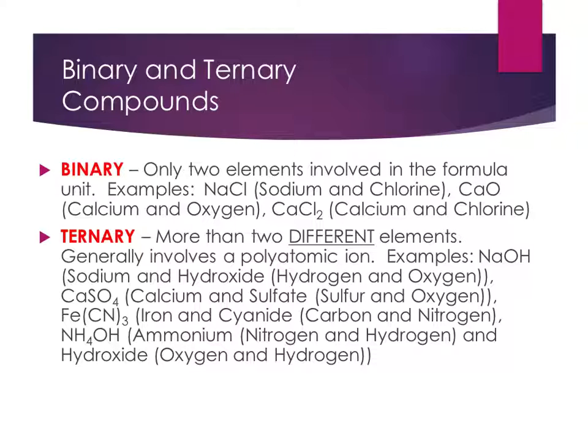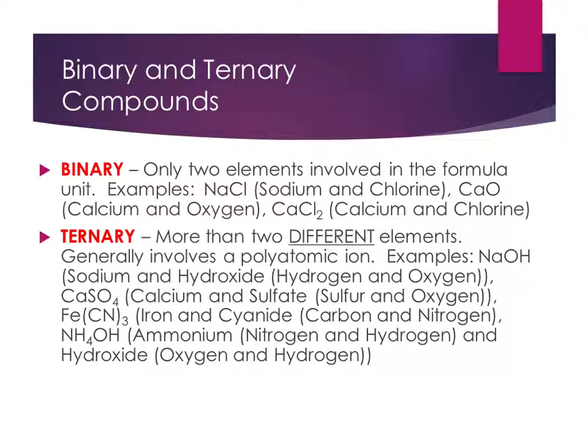All right, and then the last thing is for the ternary, we're going to have more than two different elements. This generally involves a polyatomic ion. So if you don't know what a polyatomic ion is, you should look that up or learn what those are. So for example, we have sodium hydroxide, NaOH. So we have both the sodium atom and the hydroxide polyatomic ion, which consists of hydrogen and oxygen.